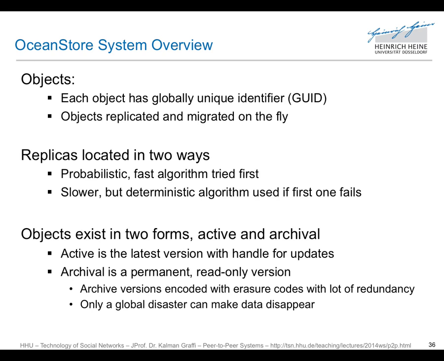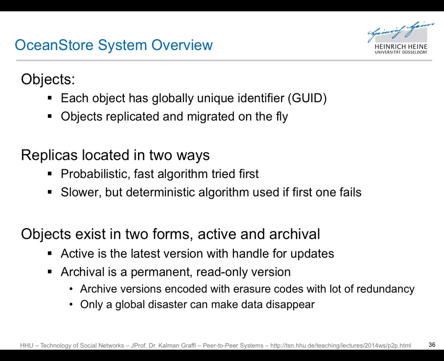And the nice thing about it is, for the archival data we can use erasure coding, which is space efficient, so we don't need too many nodes to store it. But the problem with erasure codes was we cannot easily change the data, but this is fine. If we have a read-only version for this archived data, that's defined to not be able to change. And if you use erasure codes for that, that's doable. So this one is fine.